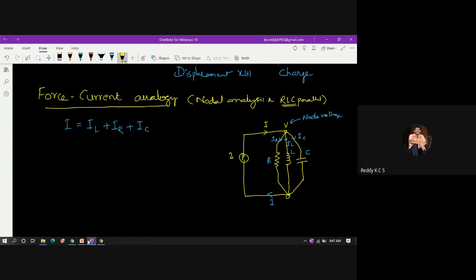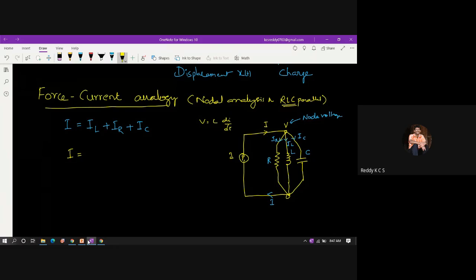For the node voltage, we know that V is equal to L into di by dt.